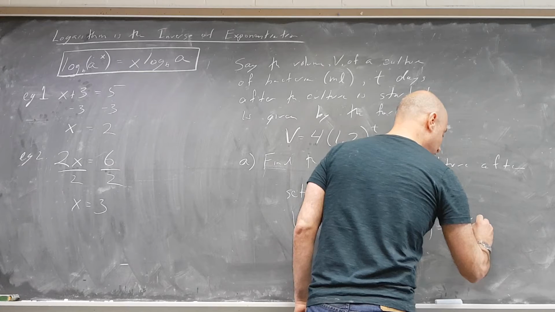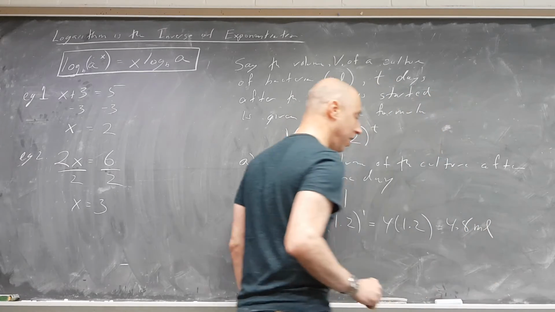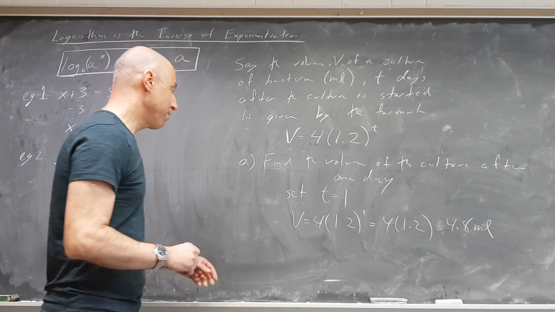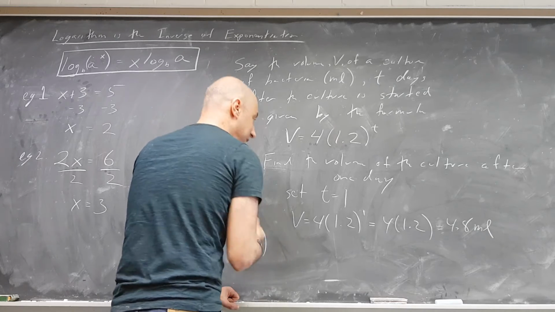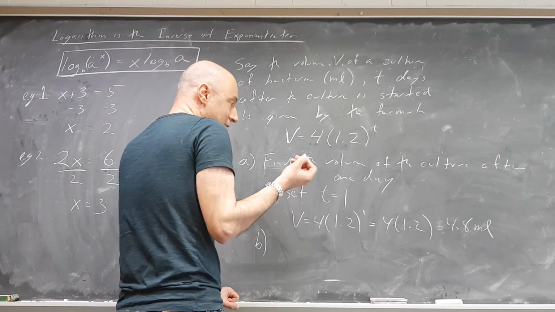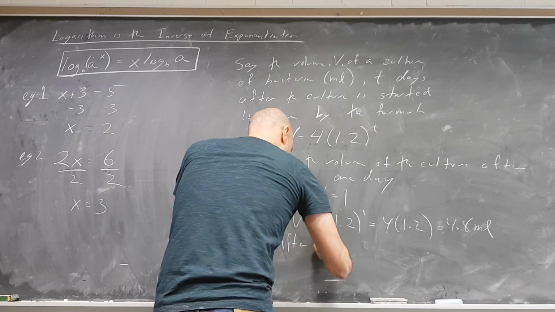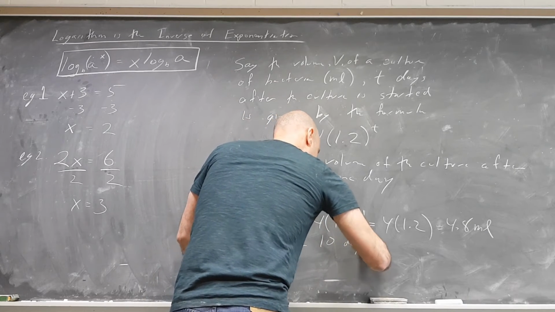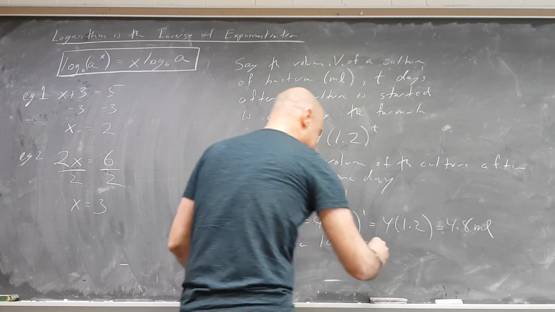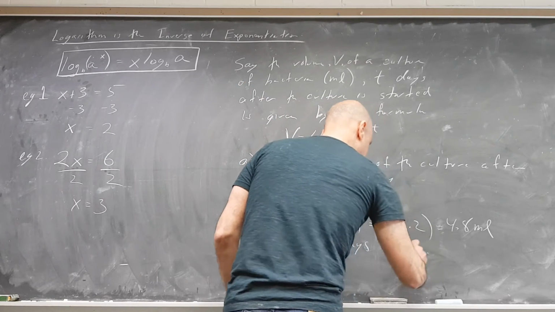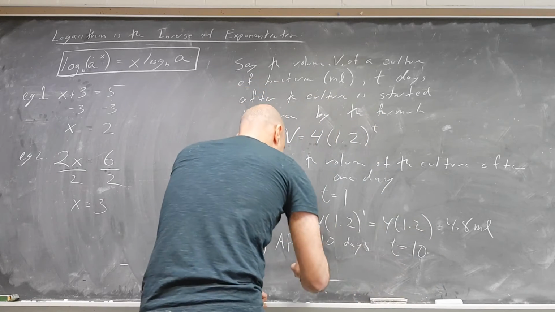There are units in the question. We'll make sure there are units in our answer. So for B, let's say I said find the volume of the culture after 10 days. You just set t equals 10. I think we'll need a calculator this time.